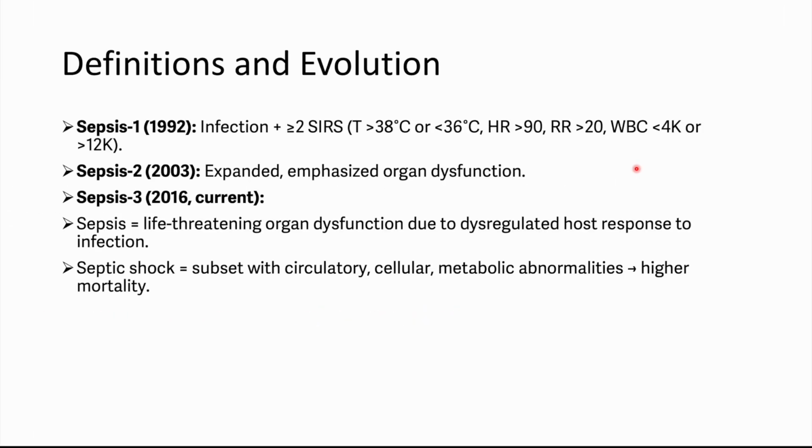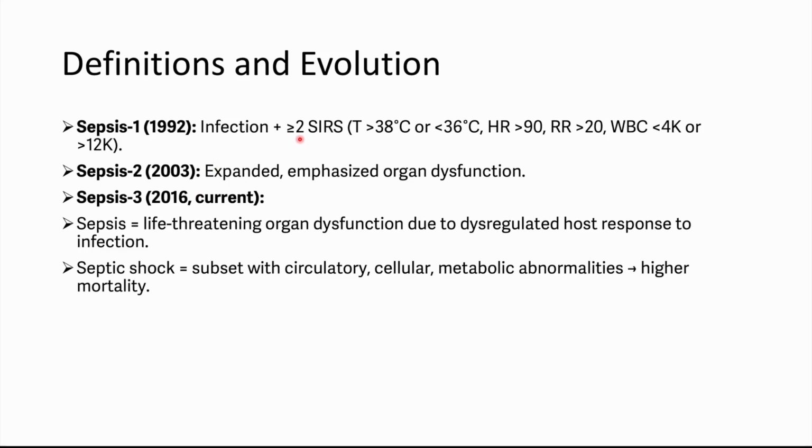So let's clear the basics first. The definition of sepsis has changed over the years. In 1992, we had Sepsis-1, in 2003 we had Sepsis-2, then in 2016 we have Sepsis-3. So currently we are using the Sepsis-3 guidelines. Sepsis-1 was infection plus 2 SIRS criteria.